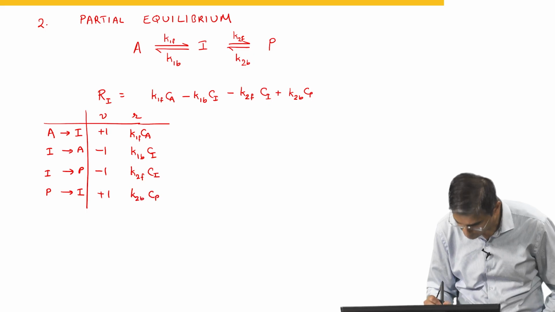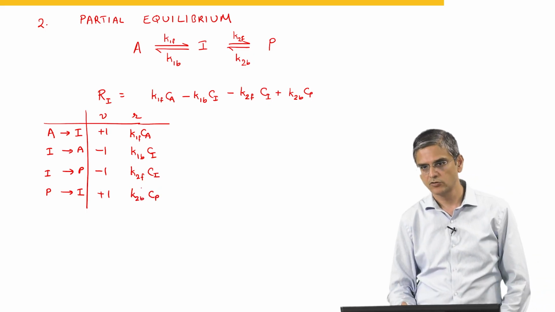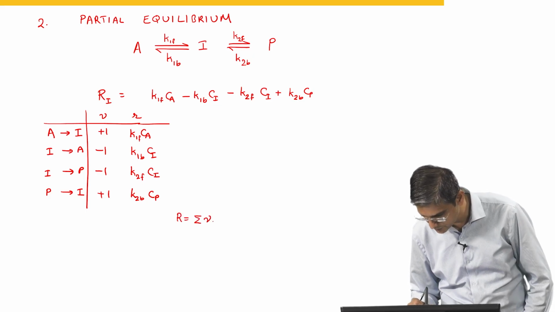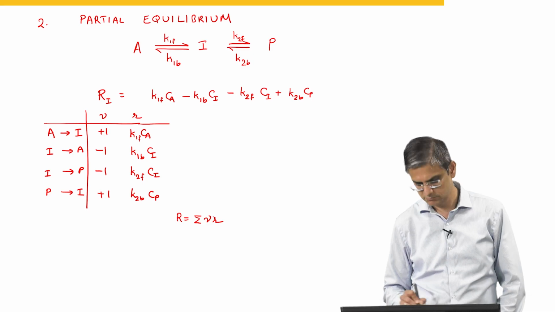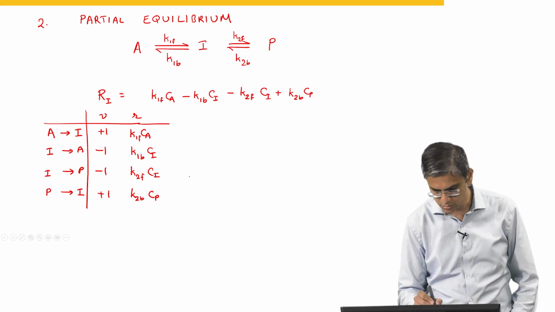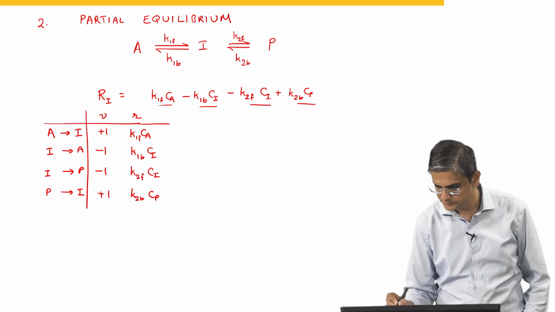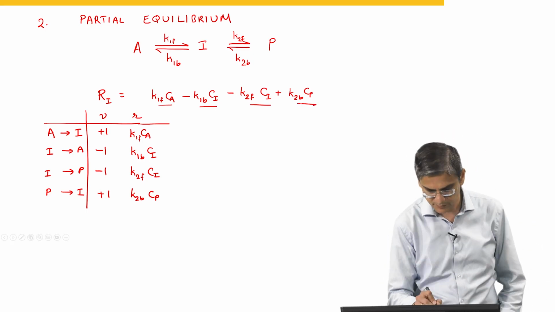What is capital R? Capital R is summation of mu R, right. So, this is just plus K1F.